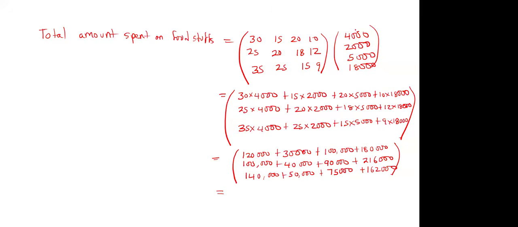Maybe if you interchange it, the cost matrix would be in row form, and the foodstuff matrix in column form.